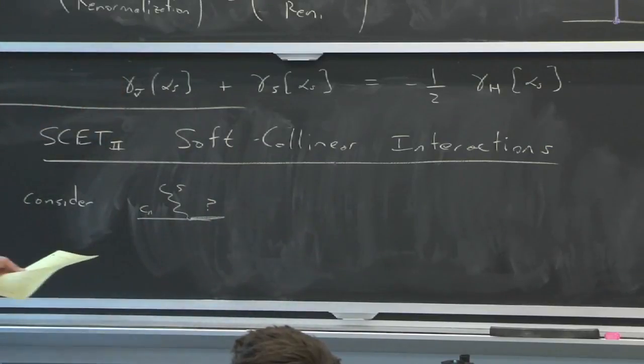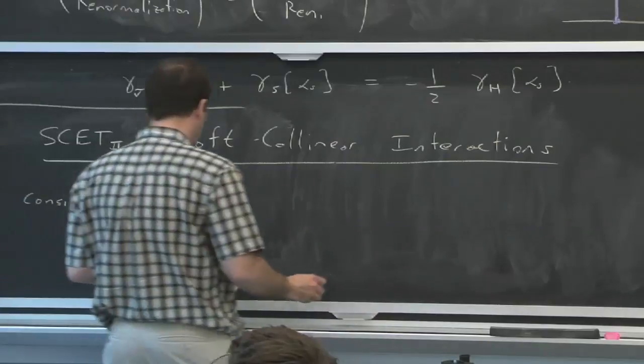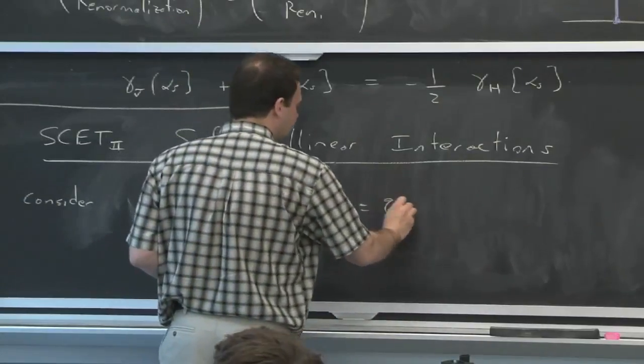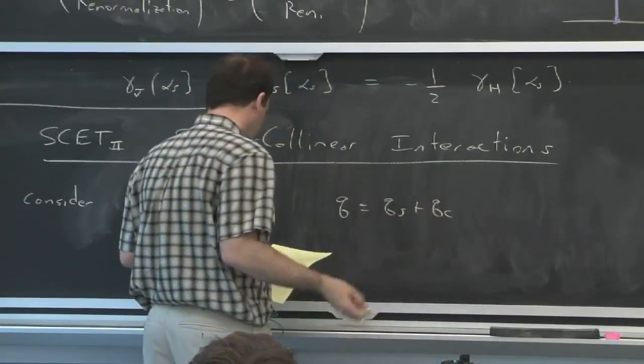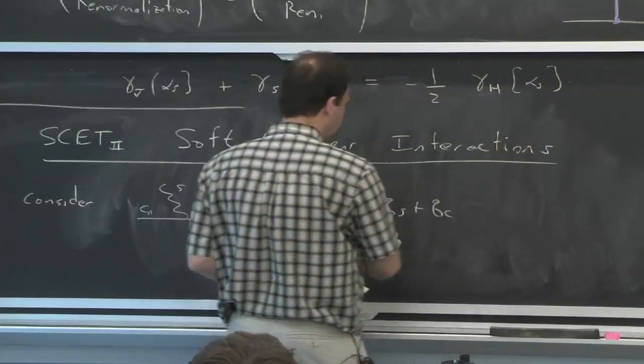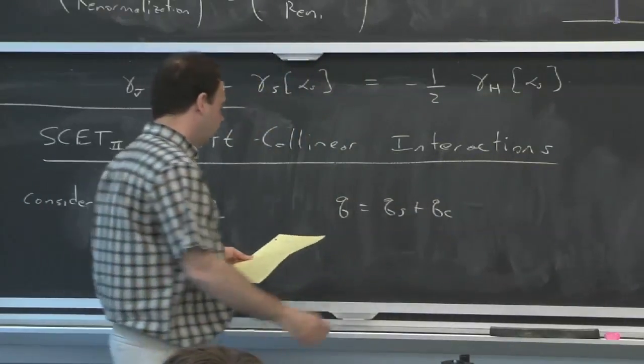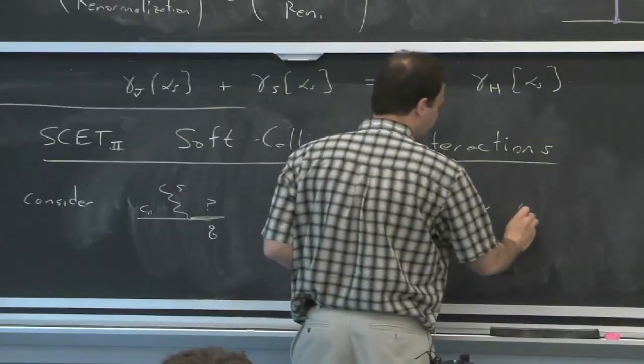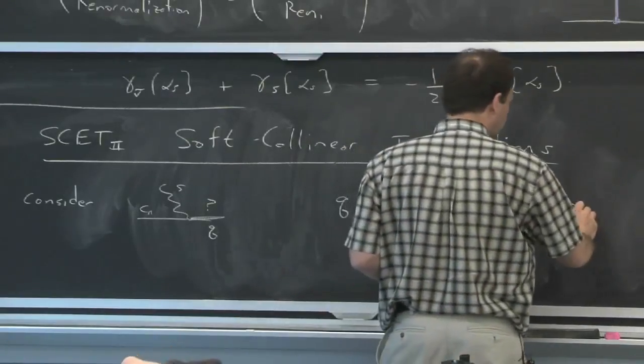If we just ask about momentum conservation, and we call this q, then q is equal to q soft plus q collinear. And since we know the scaling of these two, we know the scaling of q. It's just given by whatever the larger of the scalings is.